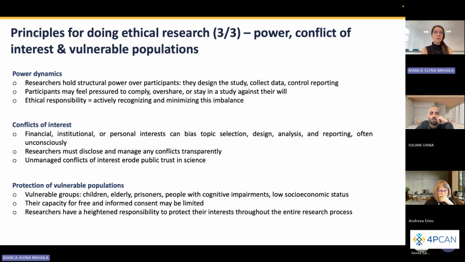Conflict of interest, of course, in the publication process. Probably you saw that when you are publishing an article, you have to disclose any type of conflict of interest, a financial one or an institutional one, that may have affected how you selected the research topic, how you designed the methodology, how you conducted the analysis, and so on and so forth.